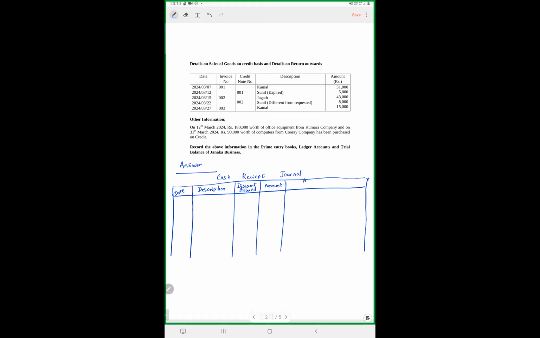Next, the analysis column we need to include. Just cash sales, and we are receiving money from debtors.